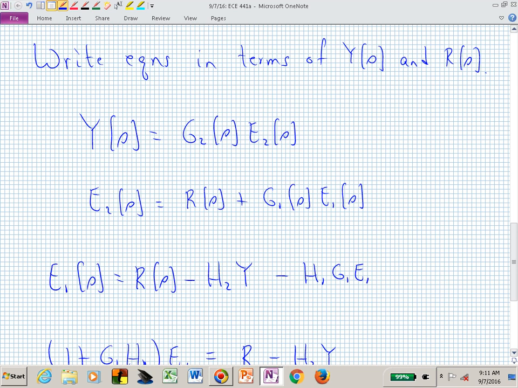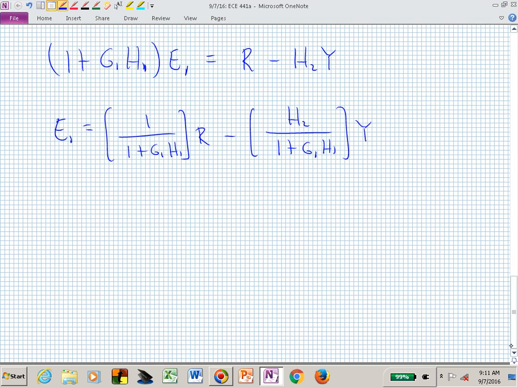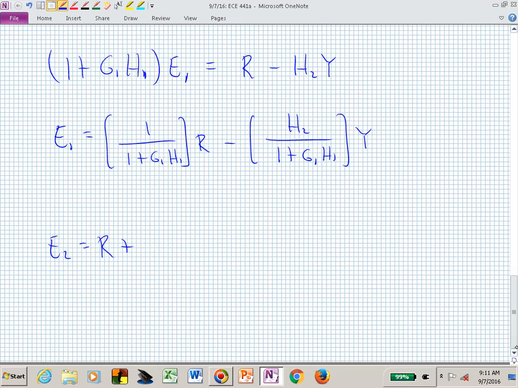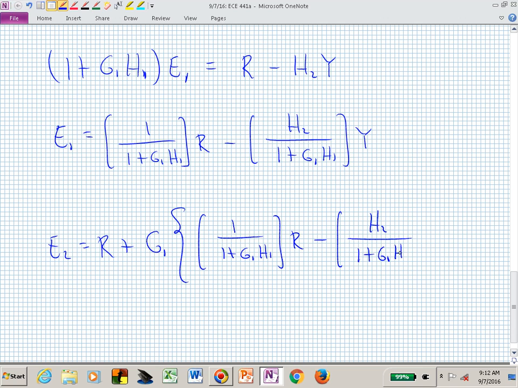If I now rewrite the E2 equation that contains an E1 that is now written in terms of R and Y, I can have E2 in terms of R and Y. So E2 was R plus G1 times this mess up above, E1, which is in curly brackets: 1 over 1 plus G1H1 R minus H2 over 1 plus G1H1.